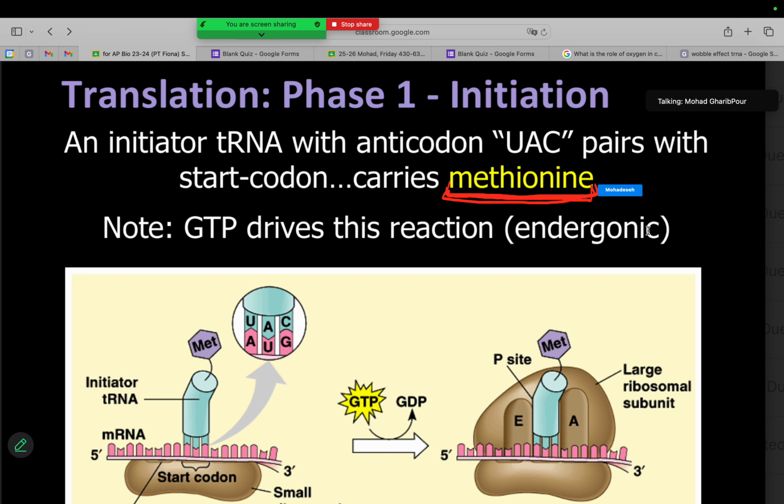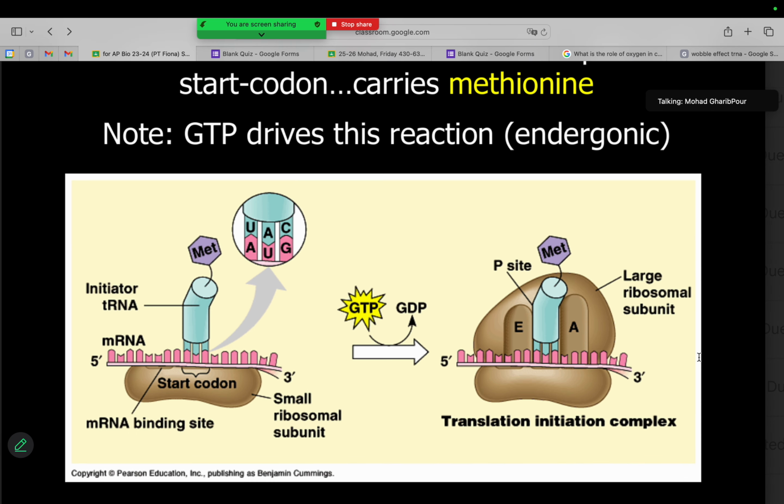You'll always start an amino acid sequence with Met, or methionine. GTP drives this reaction, so it's endergonic. GTP is guanosine triphosphate, so it's an energy molecule.